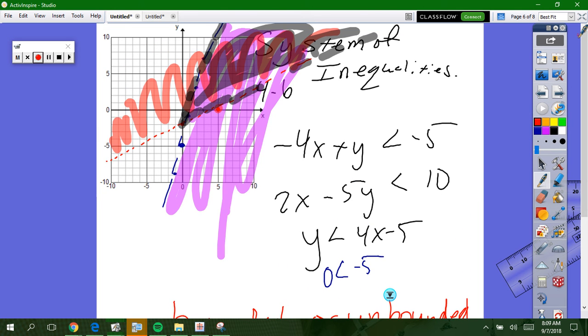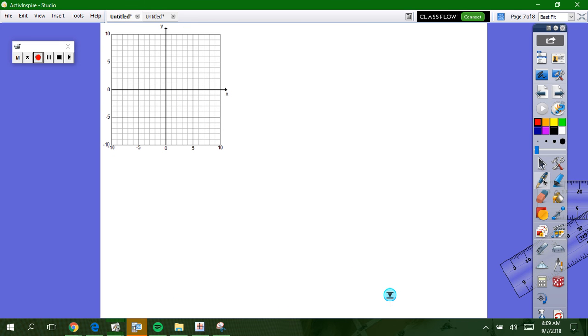Unbounded, because I can just notice it's still going on to infinity, right? All this region. For example, of a bounded idea, you might have something like this, where all of those work right here.